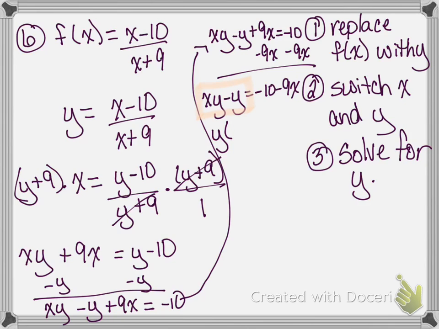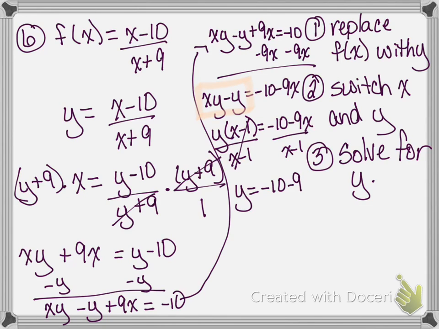I have y times x minus 1, equals -10 minus 9x. I have gotten my y isolated, so now I divide by the x minus 1 on both sides. So I end up with y equals -10 minus 9x over x minus 1.